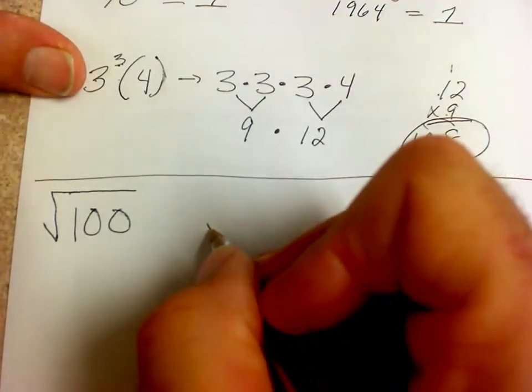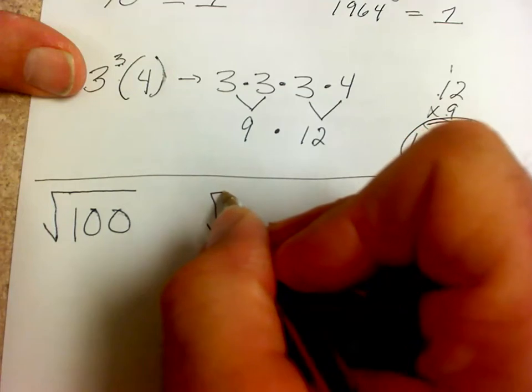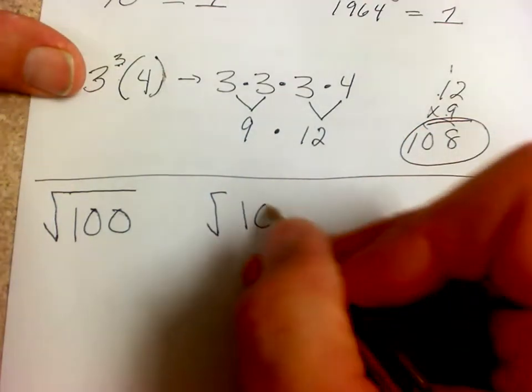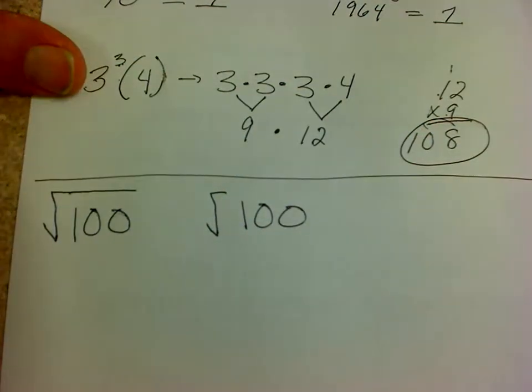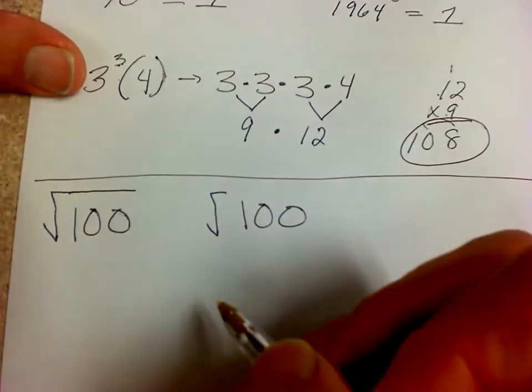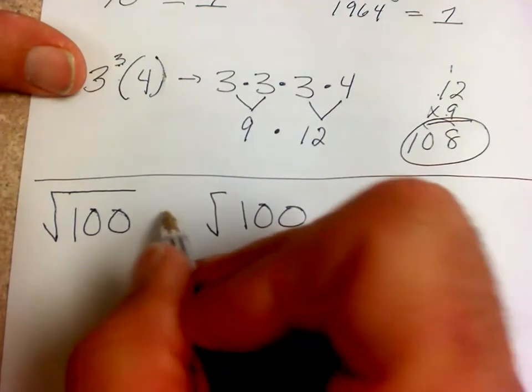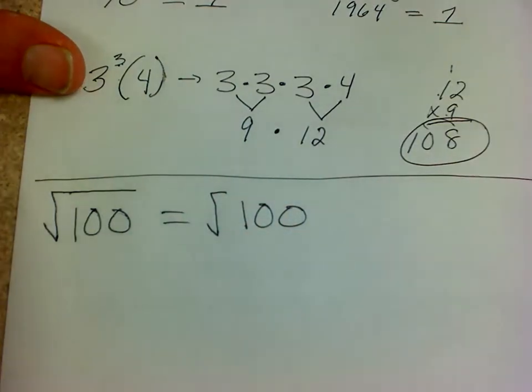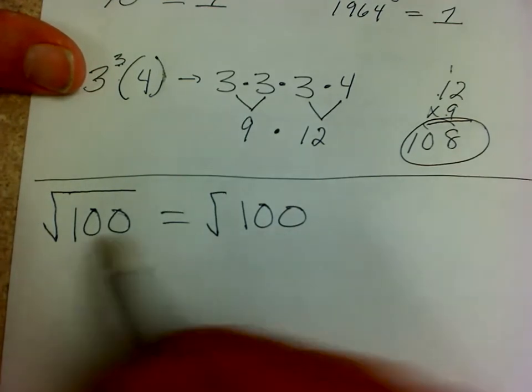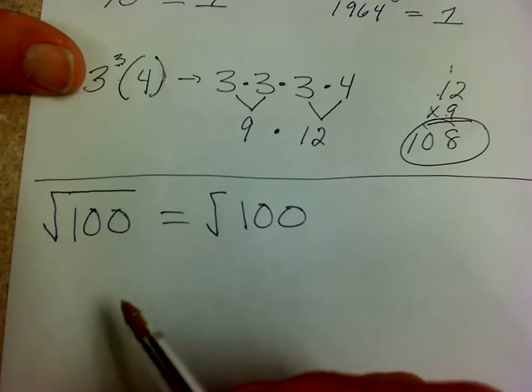If you're using a calculator or you're online using your computer, sometimes technology shortens the square root symbol so that it's just got a little bar instead of the full bar. Both of these are equal. They both mean the same thing. That's just how they do things, so we just have to be ready to see both versions. Either case, we're dealing with the square root of 100.